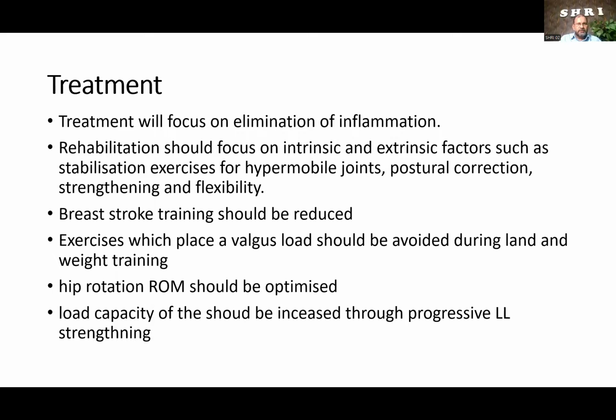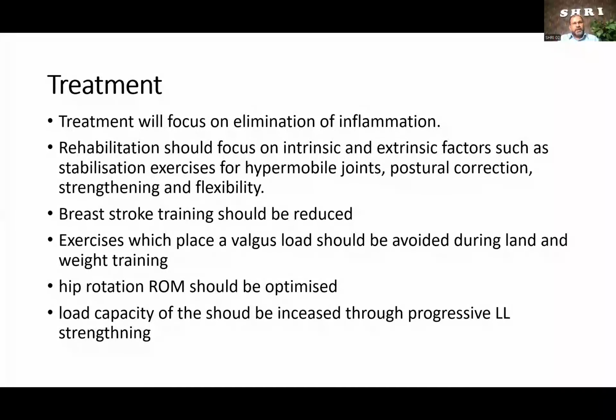Then exercise which places a valgus load should be avoided during land and weight training. So swimmers don't do sports only in the swimming pool, and they do some land training also to increase their flexibility, strength and things.